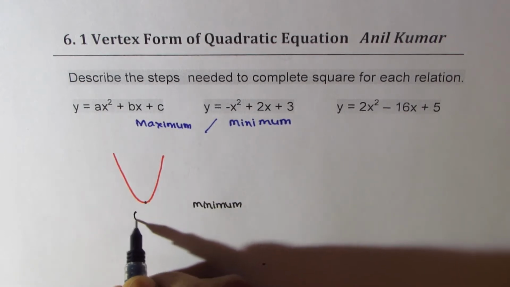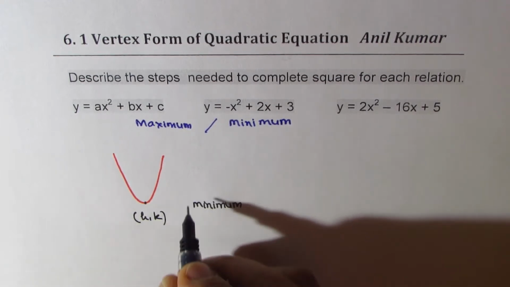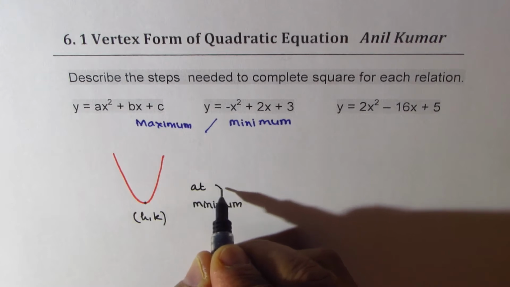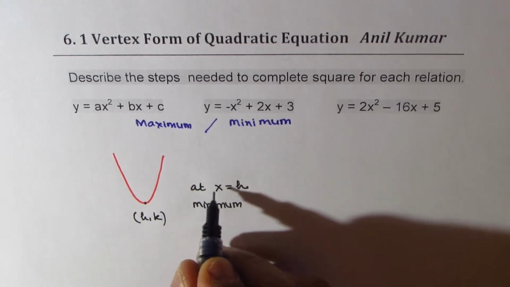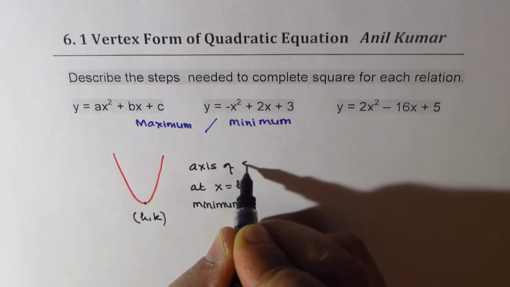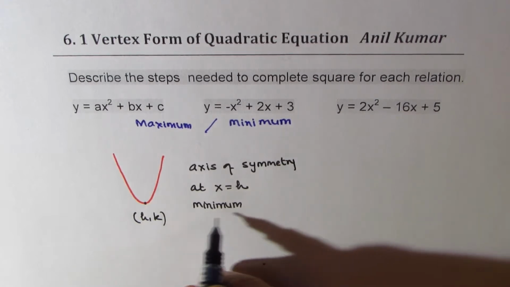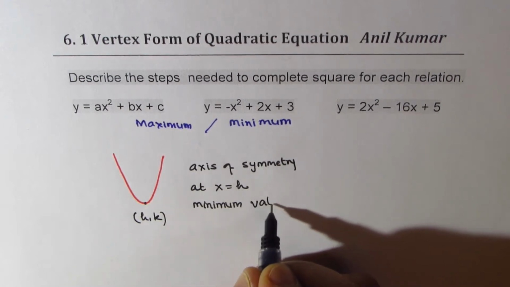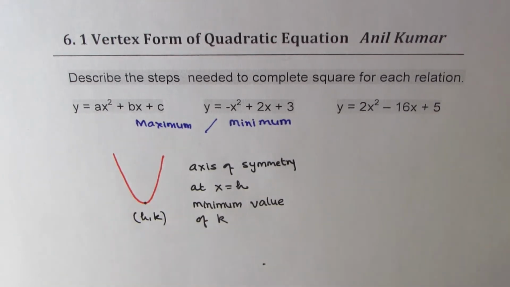Let us say the vertex is at (h, k), then at x equals h, which is also called the axis of symmetry, we have a minimum value of k, right? So that is how these things are related.